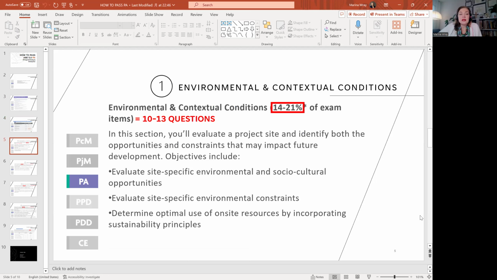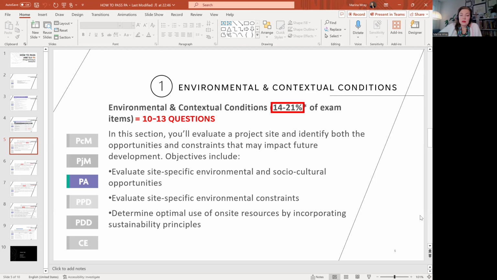All right, so let's start with the first section, that is environmental and contextual conditions. And that takes between 14 and 21% of exam items, which is between 10 to 13 questions. And you remember we have 75 questions in this division.